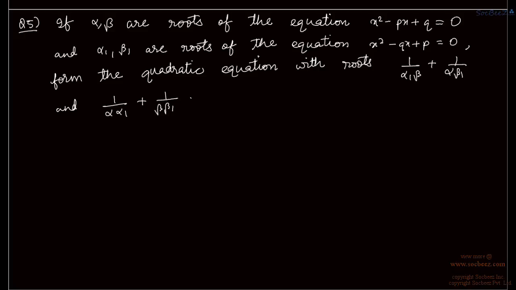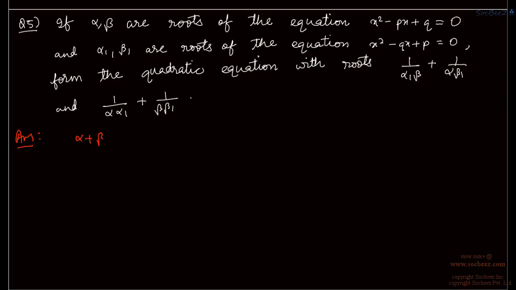Right. Again, for these kind of questions, now here it's slightly different, right? First of all, you have something about the roots, but then you have to form the quadratic equation. So let's see how to tackle this kind of question. Now first of all, since the roots are given and the equation is also given, let's write down the sum of the roots and product of the roots for both the cases.